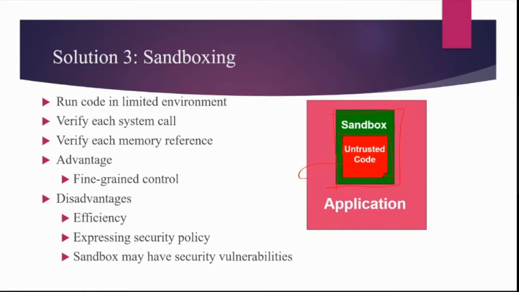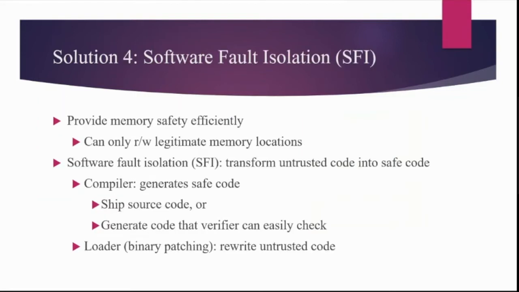To deal with this problem, specifically to deal with untrusted code, the solution which was mostly used is called software fault isolation. This is another type of virtualization, and that is why we are covering it in this unit. Software fault isolation provides memory safety very efficiently.